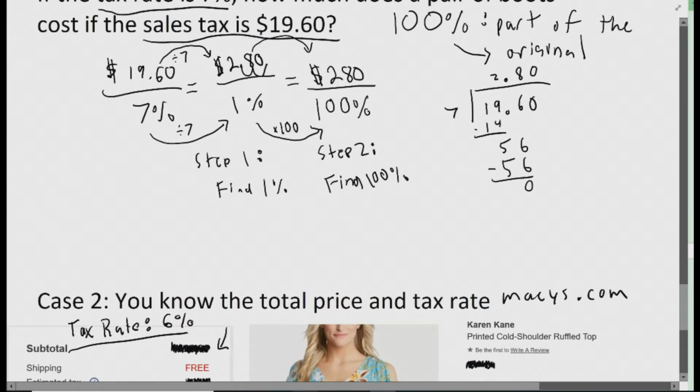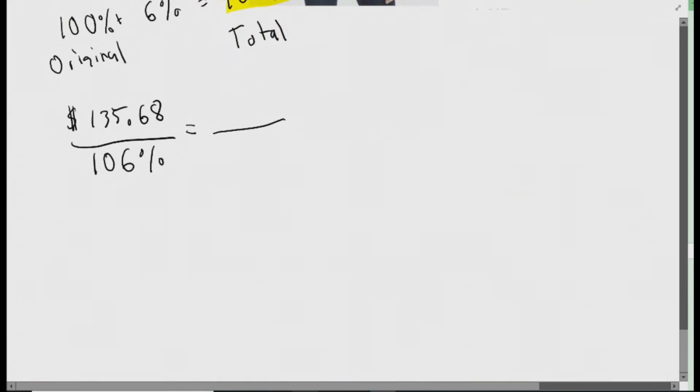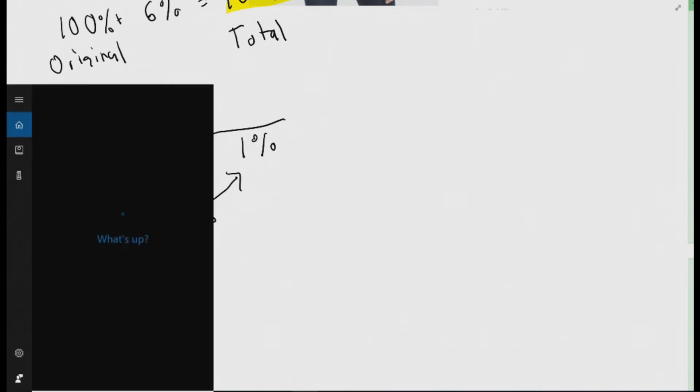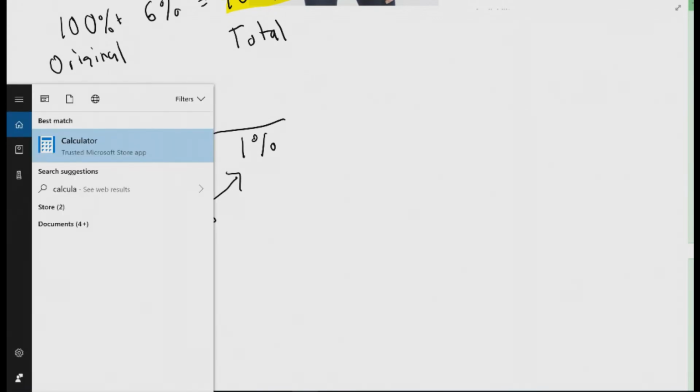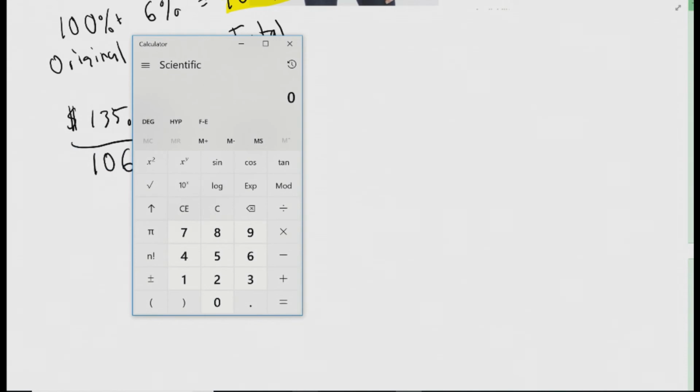Our second step would be to find 100%. So if we want to find 1%, if this is equal to 106%, how do we go from 106 to 1%? We can do that by dividing by 106. And I'm not going to bore you with the details. Let's just do this on a calculator.